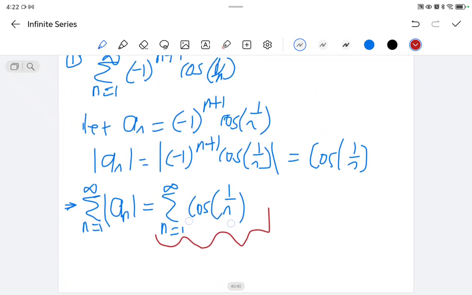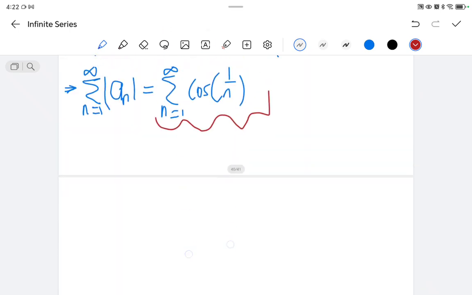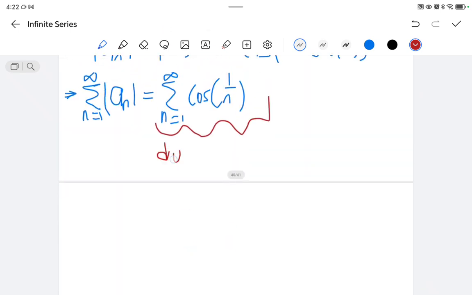You must use any type of test to check whether it converges or diverges. So that should be your homework. Someone is saying it diverges. So thank you, but it's homework for you guys to look at.